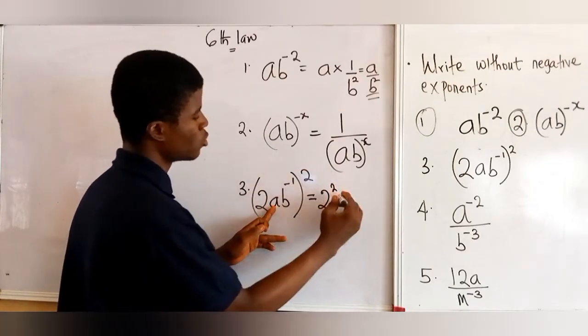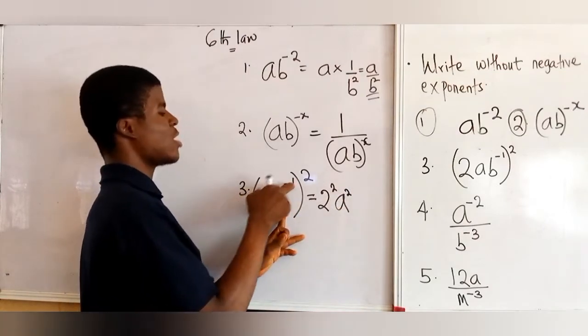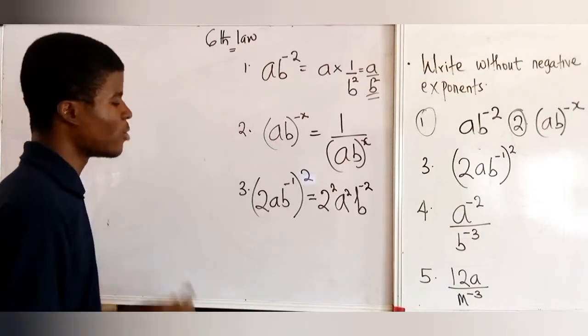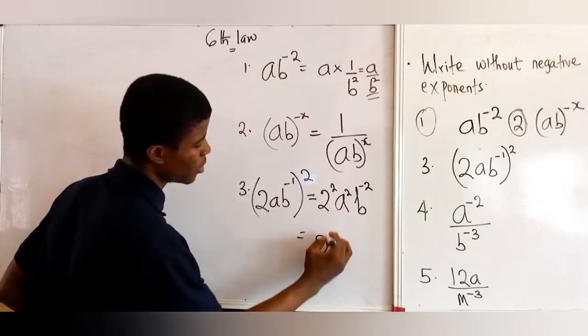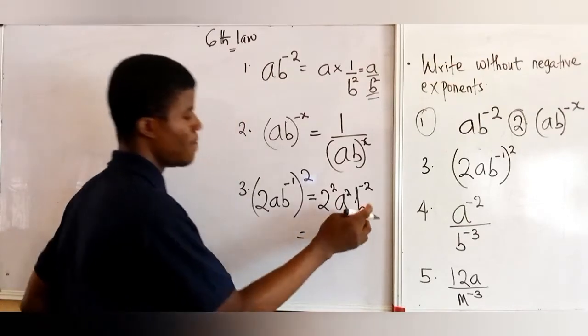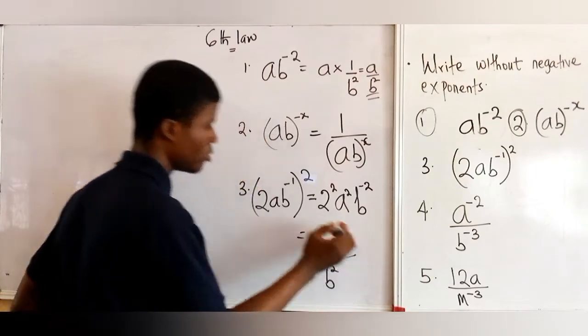Then a to the power of 2, I guess you know what I'm doing right now. And b to the power of minus 1 times 2 is minus 2. b to the power of minus 2. So what I will do now is this. 2 to the power of 2 is 4, a squared. b to the power of minus 2 will now be over b squared.